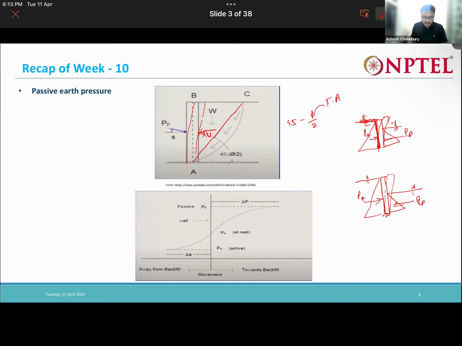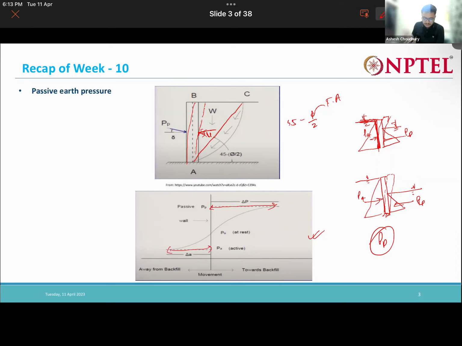Now, if you look in this figure, we will see that for the passive case, for this passive force PP to get completely mobilized, you need a large amount of movement compared to the active case.